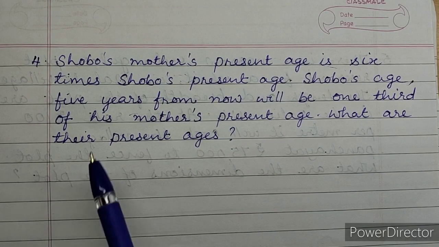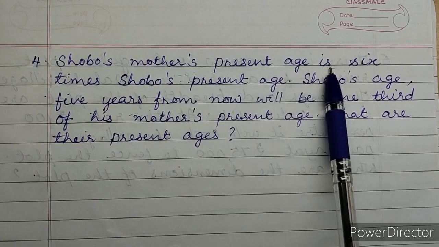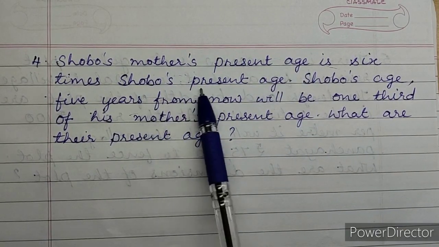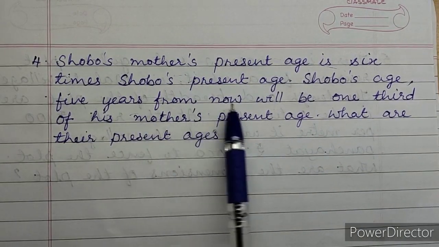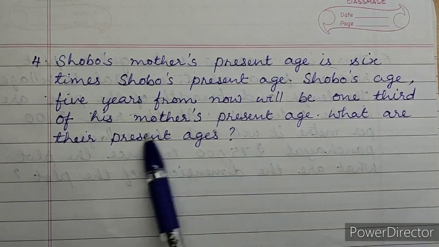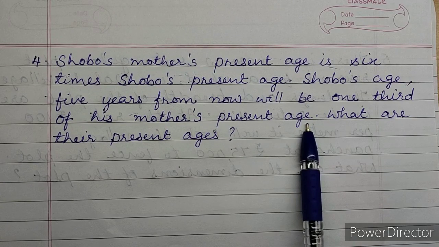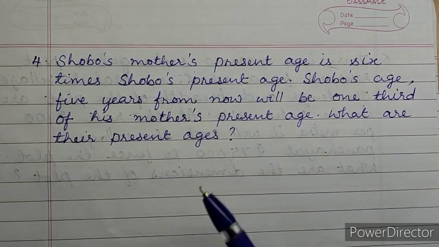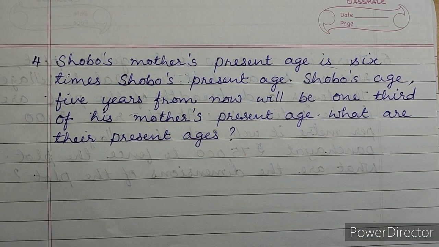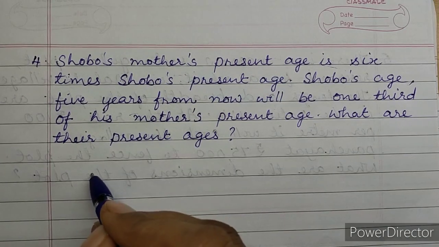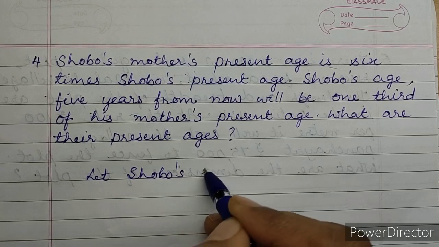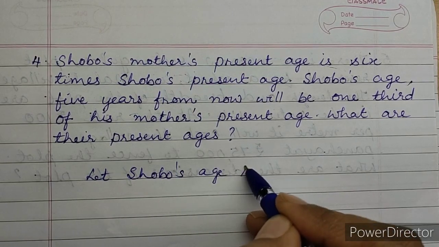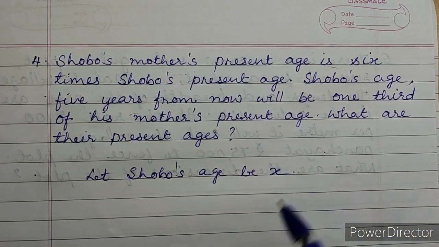Next sum: Shobo's mother's present age is 6 times Shobo's present age. Shobo's age 5 years from now will be 1/3 of his mother's present age. What are their present ages? So present ages are unknown. So let us assume that Shobo's age be x.